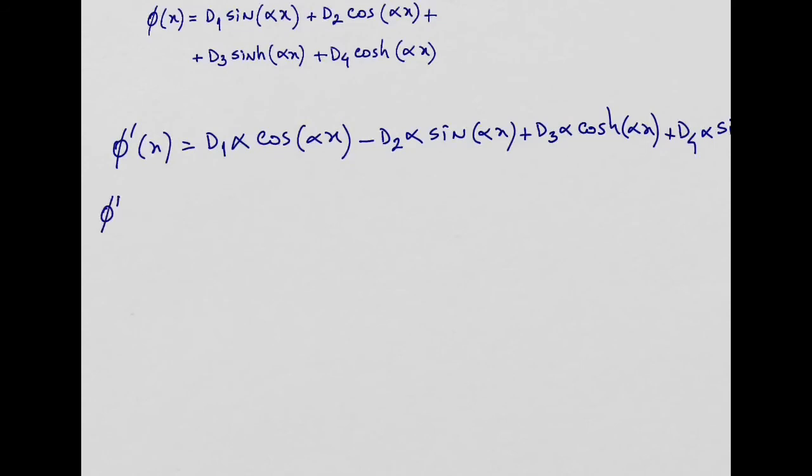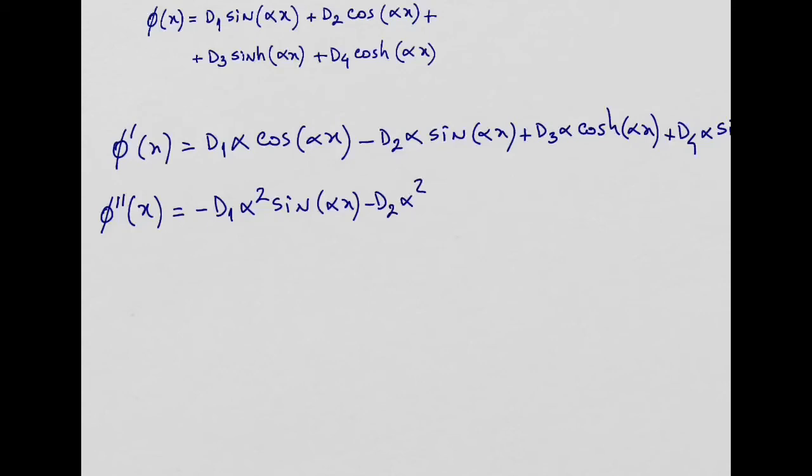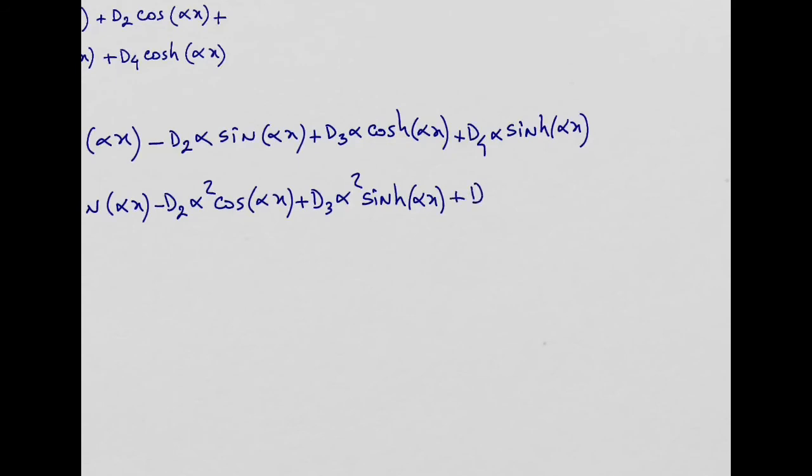The second derivative, I need to derive the equation above one more time. So I will get minus d1 alpha square sine alpha x minus d2 alpha square cosine alpha x plus d3 alpha square hyperbolic sine alpha x plus d4 alpha square hyperbolic cosine of alpha x.